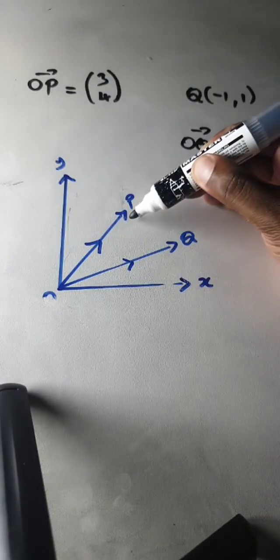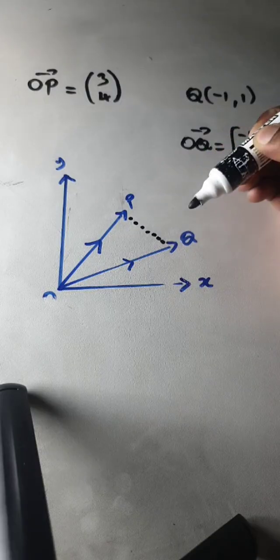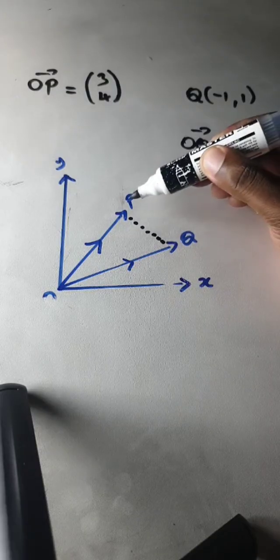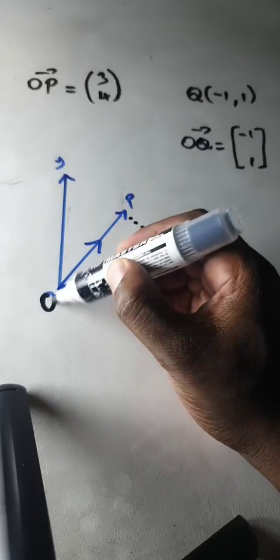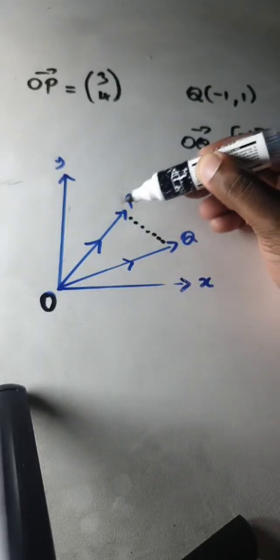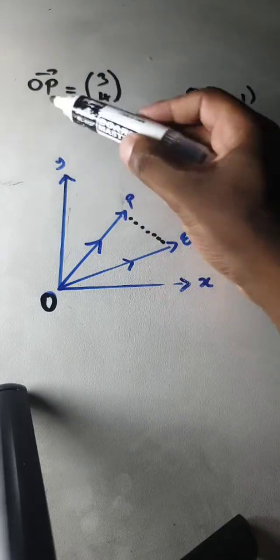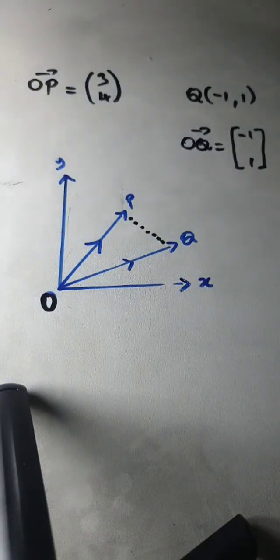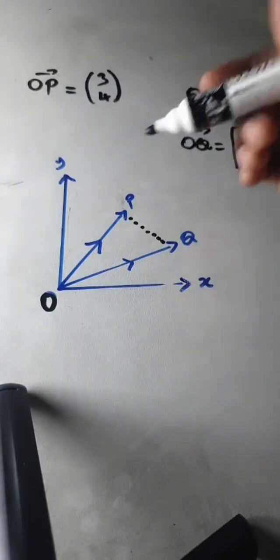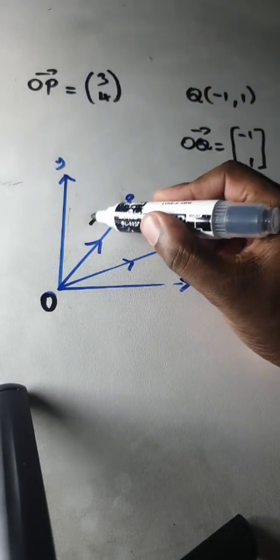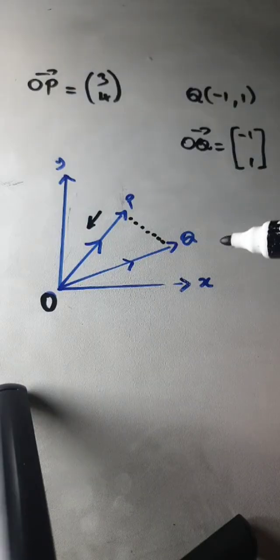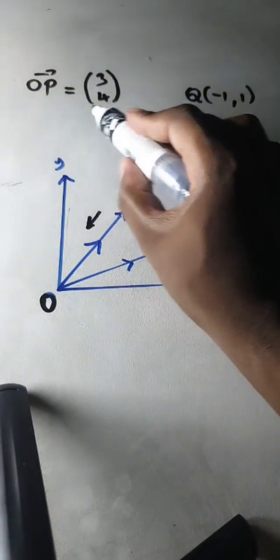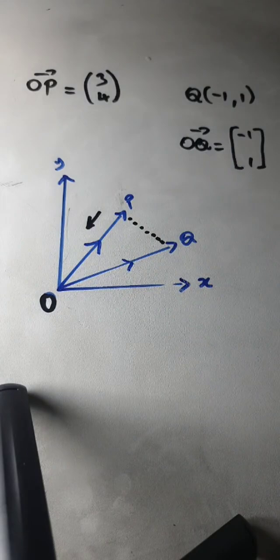We can't move in this direction directly yet, so we go back from P to O. As we move from P to O, we are going against the direction O to P. Meaning that our OP will carry a negative.